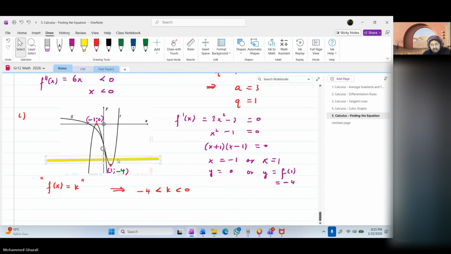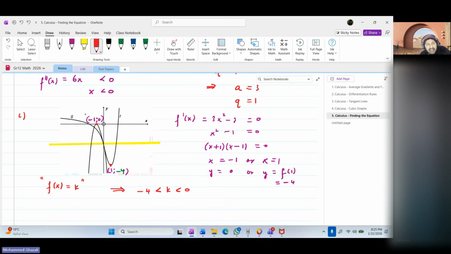And what does the value of k mean? Value of k means the y values. We are looking for y value answers. Don't ever put -1 to 1. That's incorrect. Okay, we want y value answers. Y values of what? Most of the time, turning point values. Right? So great. That was a nice IB question.